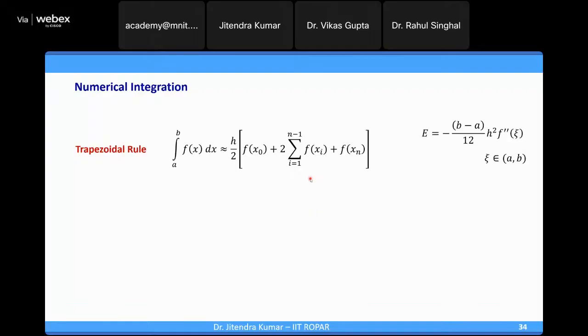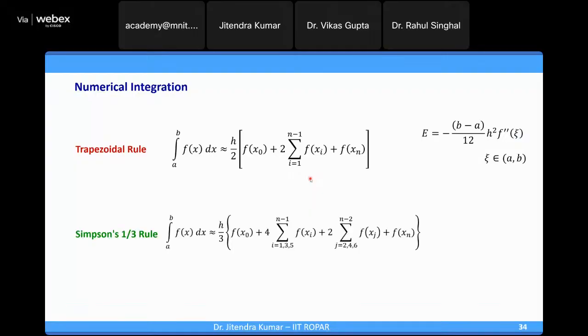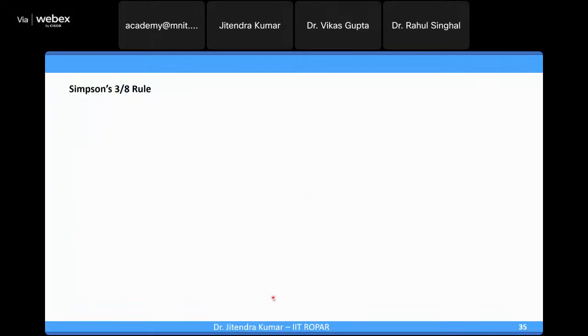The error bounds we have seen, the error was second order accurate in this trapezoidal case, and if you go for Simpson's 1/3 rule, then the accuracy is 4th order. Well, there is another version, Simpson's 3/8, though 1/3 is more popular for some reasons. I'll tell you why. Because in this case, the idea is to continue with 3rd order.